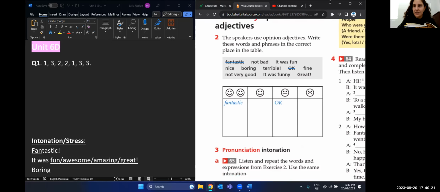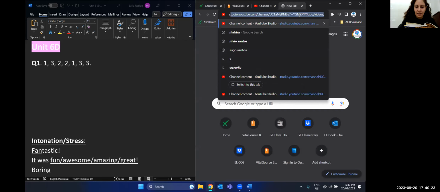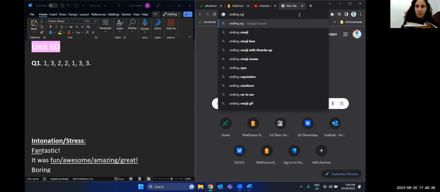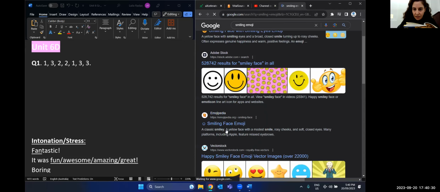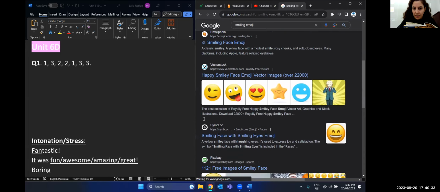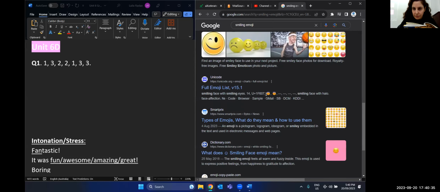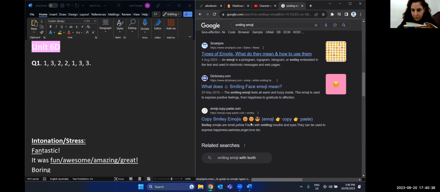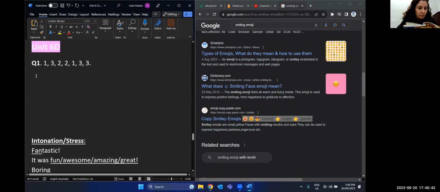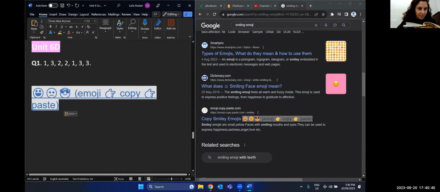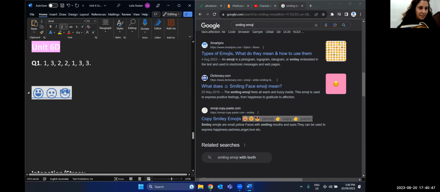Maybe I can get these emojis. Try to see if I can get the icon. Okay.